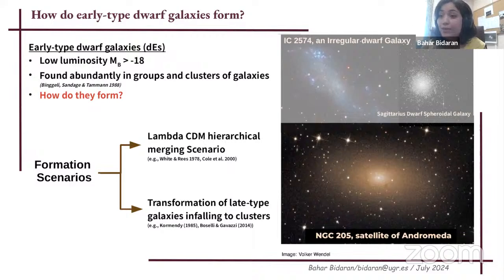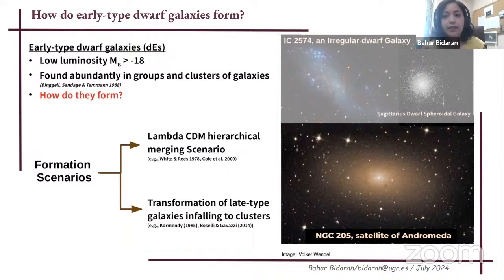They are dominated by red light, indicating that the stellar population in these galaxies is very old. They have low star formation rate, if any. And recent studies also show the possibility of the presence of some substructures like disks, spiral arms, and bars in this type of galaxy. It is still a big question for us how this type of galaxy forms.